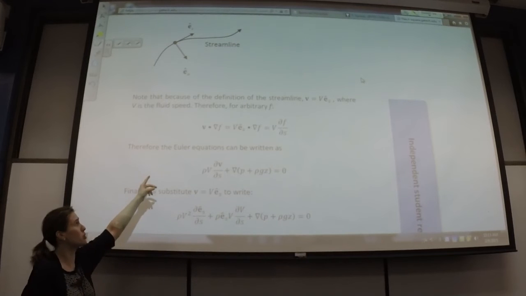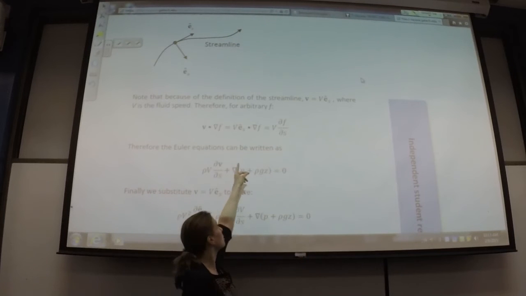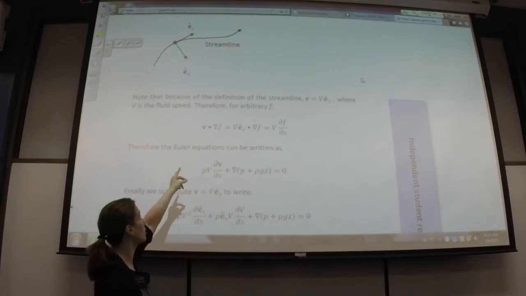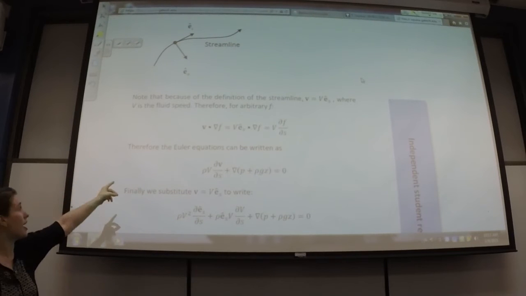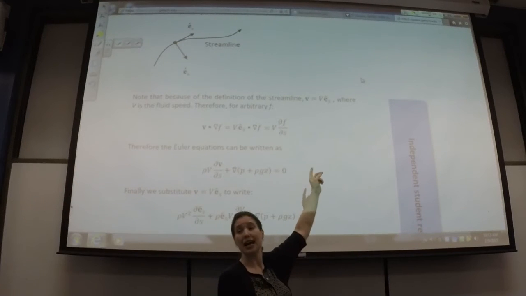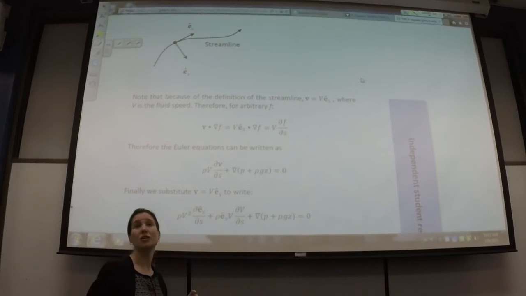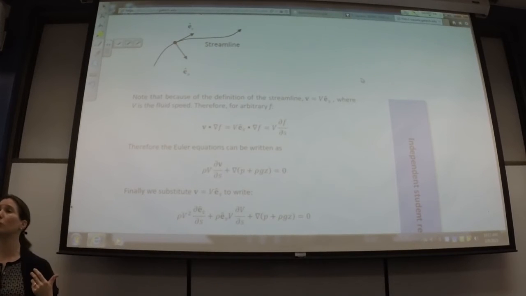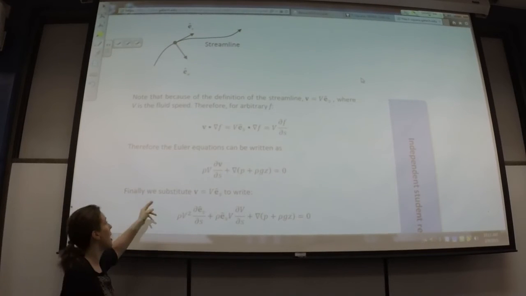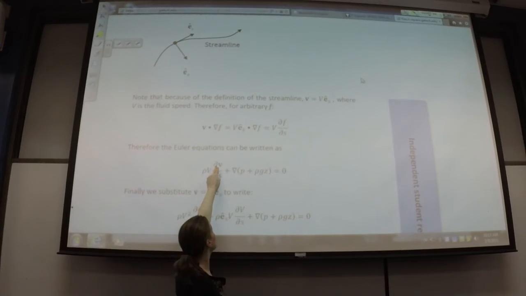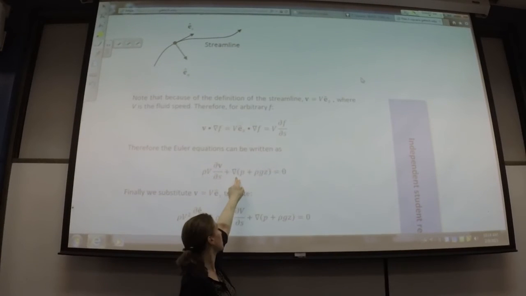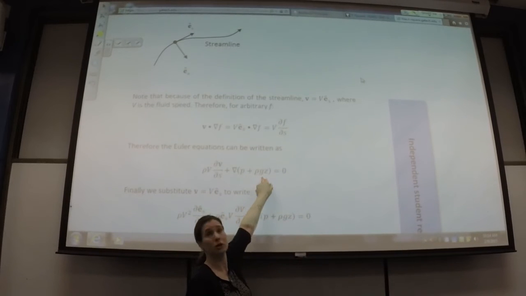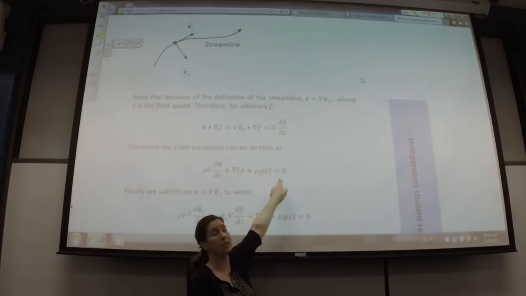Then for some arbitrary function, you can rewrite your fluid speed as v, df ds. And this allows you to write that simplified Euler equation as dv ds plus your pressure gradient plus your gravitational component equaling 0.